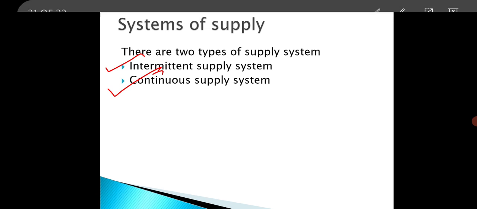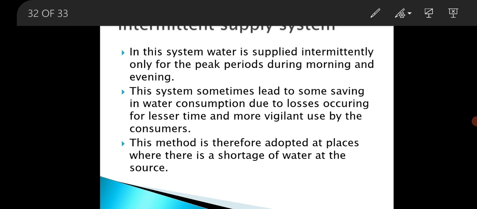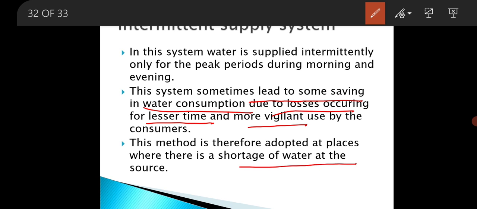So this intermittent supply system sometimes leads to some saving in water consumption due to losses occurring for a lesser time, and here the consumers are more vigilant, and this method is therefore adopted at places where there is a shortage of water at the source.